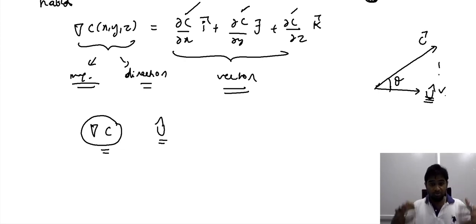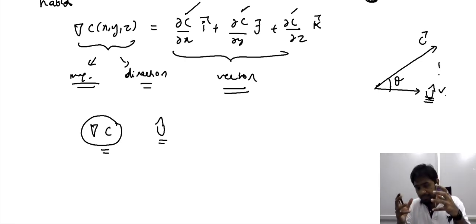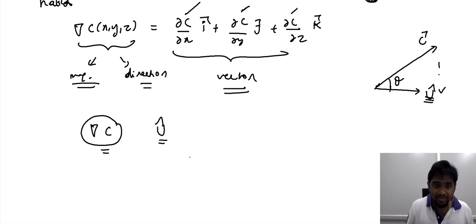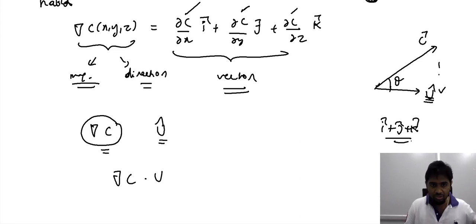The dot product also introduces the angle of inclination, so we can consider that as well. So consider the gradient of C and the dot product with this unit vector, say i vector plus j vector plus k vector, it's just a unit vector.